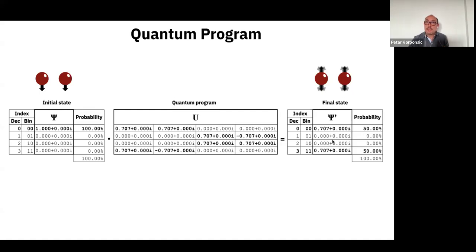So quantum computer is actually mutating state, and this is equivalent to vector matrix multiplication. So state of a quantum computer is a vector, and quantum program can be seen as a matrix. And the result of executing quantum program is actually matrix vector dot product, which gives us a new and final state.